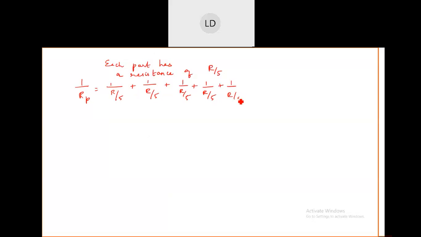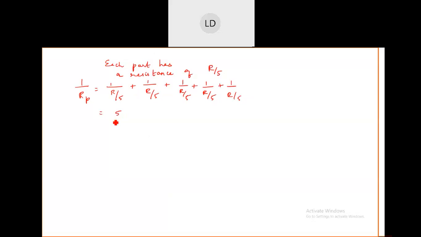So each part has a resistance of R by 5. So 1 by R1, I am going to substitute 1 by R by 5 plus 1 by R by 5 plus 1 by R by 5. Again 1 by R by 5 plus 1 by R by 5. So this 5 goes to the numerator.